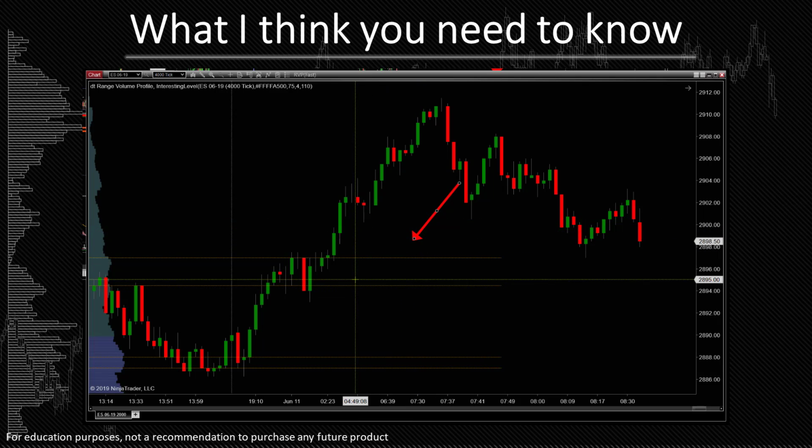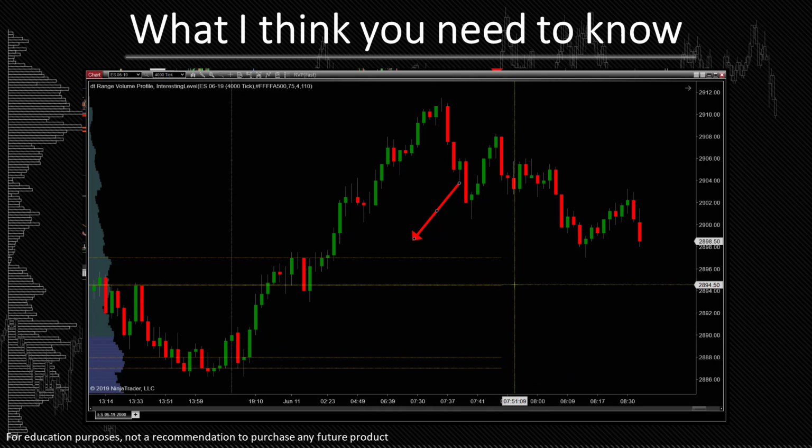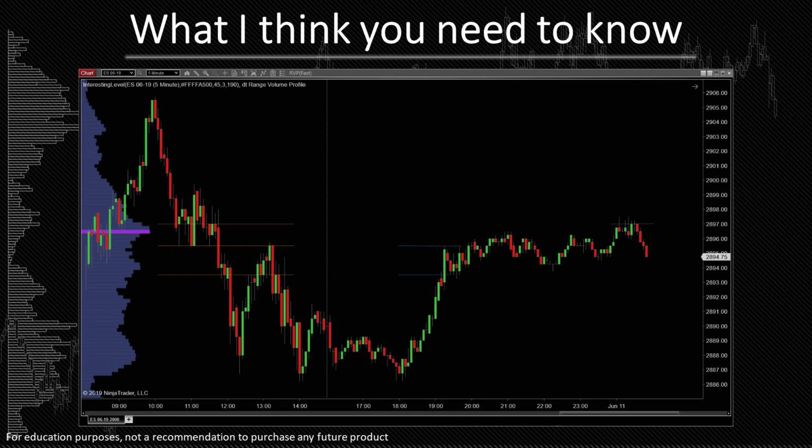So I'm going to jump off this and show you a couple more examples of some pictures that I took, and I'm not going to force me to put the levels on. Okay, here's another, this is just a picture. Here are some levels.